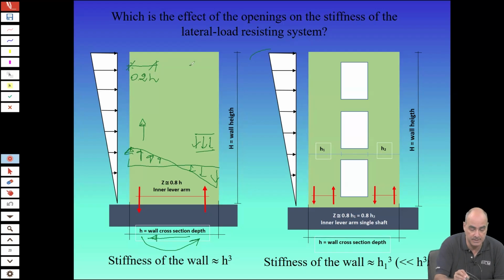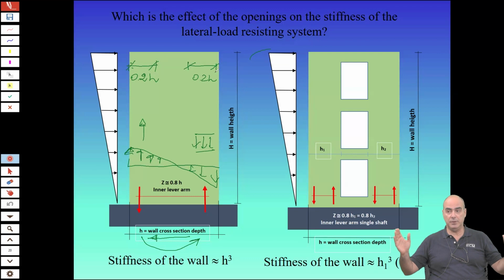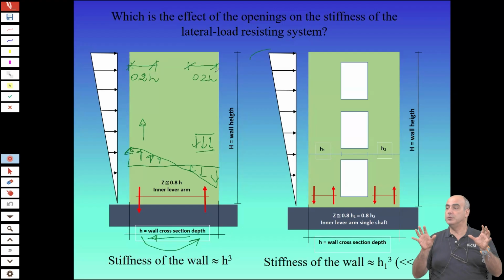Small h is the width of the cross section. So identify 2 regions, 20% of the depth on one side, 20% of depth on the other side. And you consider that the wall resists with a mechanism of compressive and tensile forces in those 2 regions.